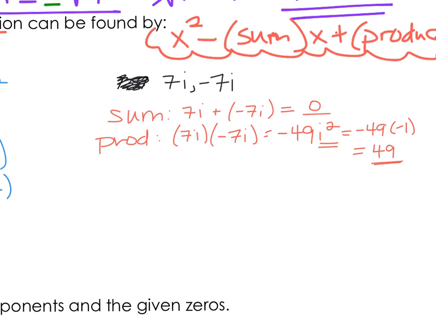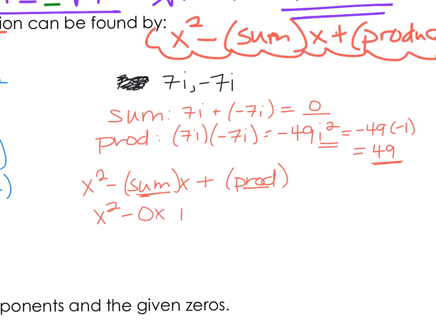As we create that quadratic template here, x squared minus the sum times x plus the product. If we substitute in 0 and positive 49, that 0x term eliminates. So we have x squared plus 49. There's your quadratic expression with two imaginary roots.